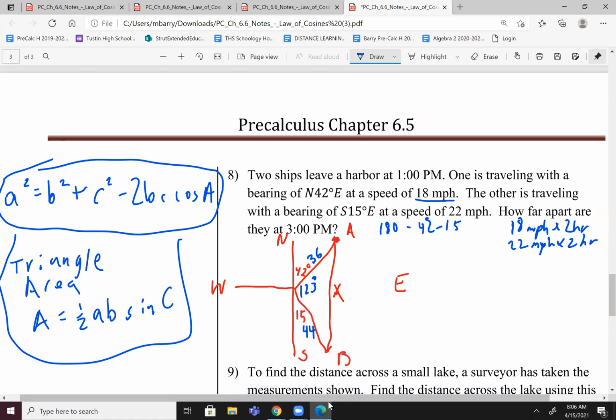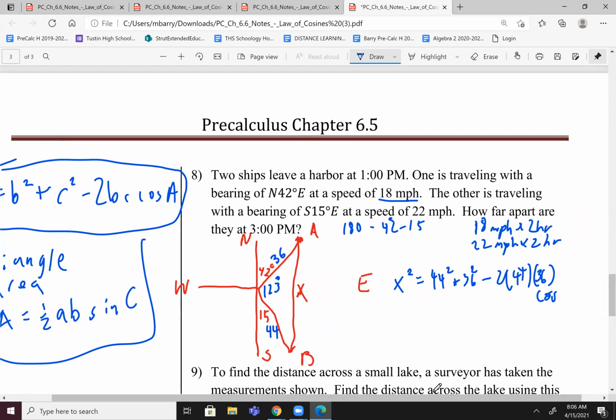In this case, I'm going to say my a is really what I called x there. So I'm going to say x squared equals, and then we're going to square the other two sides and add them together, minus 2 times those other sides, times the cosine of the angle, which in this case is 123 degrees, okay?